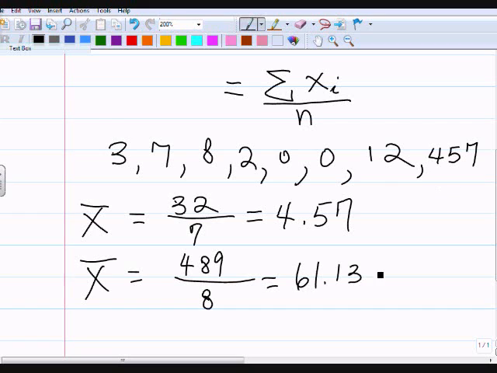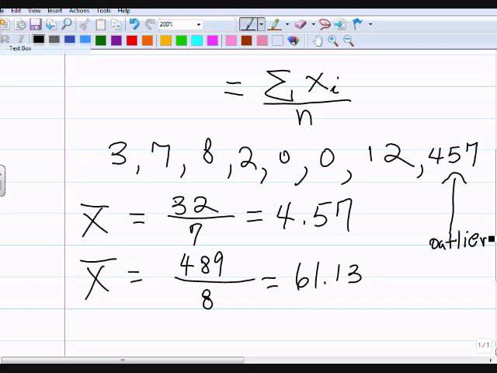But when I calculated this 61.13, it was a number kind of in the middle of all the data, but certainly not smack dab in the middle. And it certainly isn't a particularly representative number of my set. The reason it isn't is because 457 is an outlier.